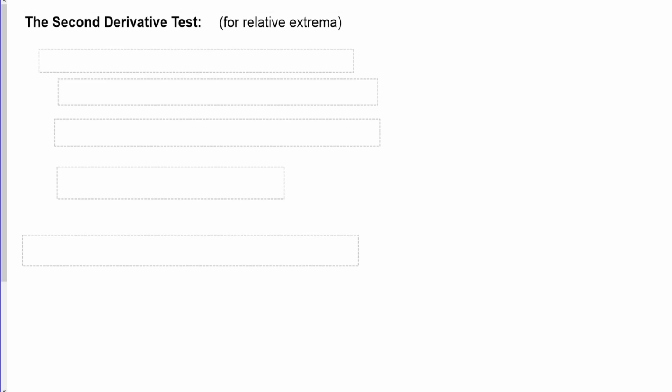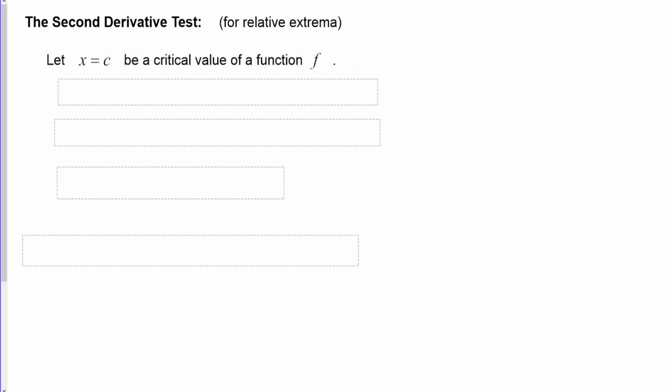All right, let's discuss what's known as the second derivative test. Its objective is the same as the first derivative test: to label relative extrema as either minimums, maximums, or neither. But it uses the second derivative to do so instead of the first.